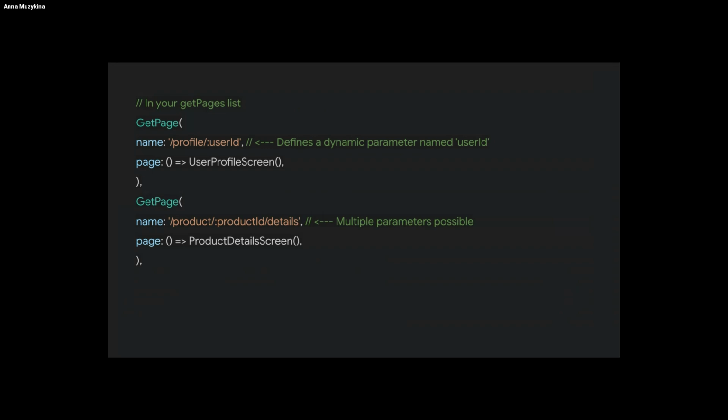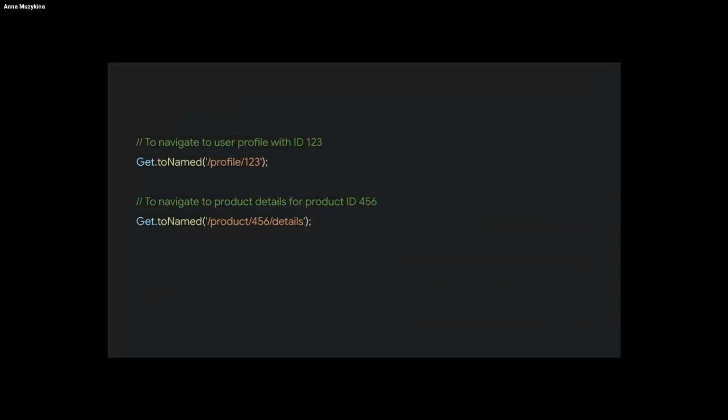You don't want to create a separate route for every single user. So this is where dynamic parameters come in. In your getPages definition, you can just use a colon followed by a name, for example :userId, to define a placeholder in your route path. GetX will automatically recognize this as a dynamic segment.